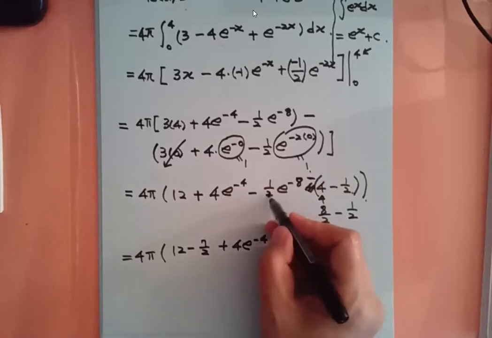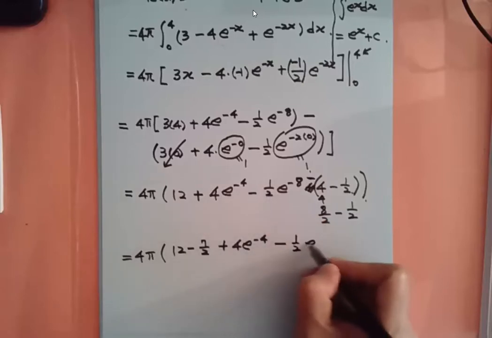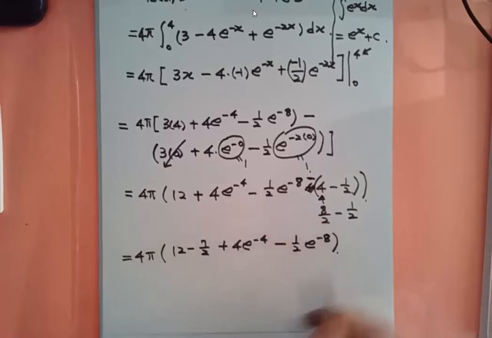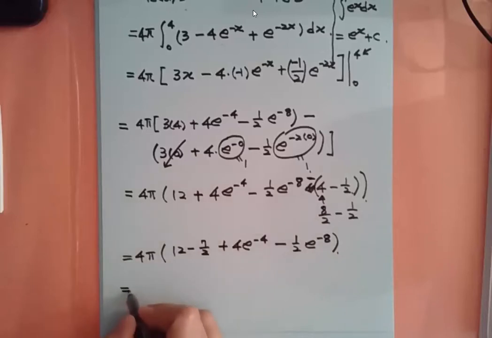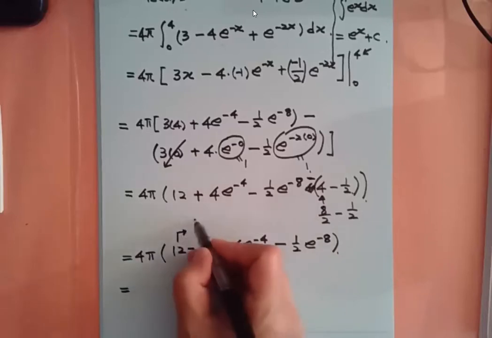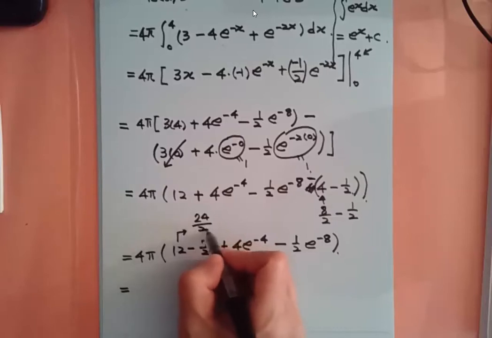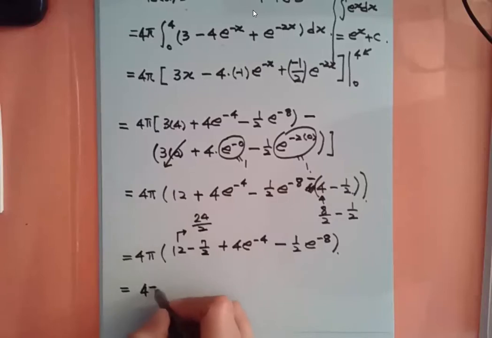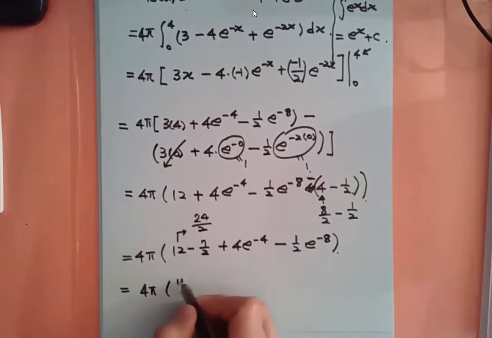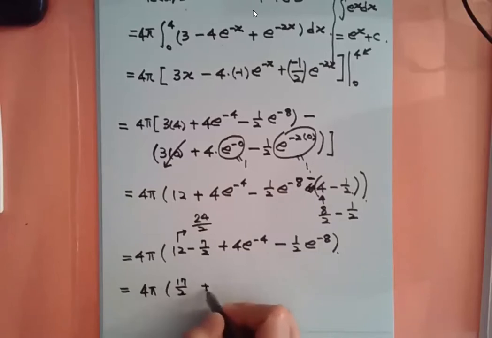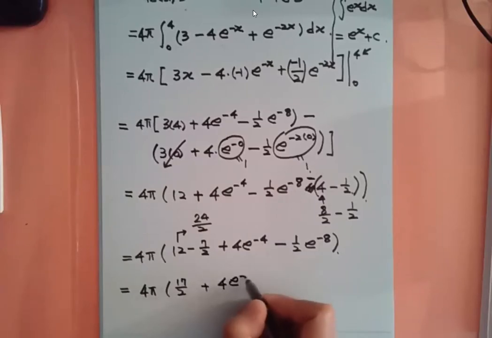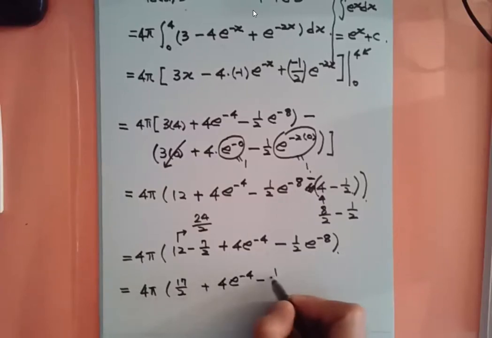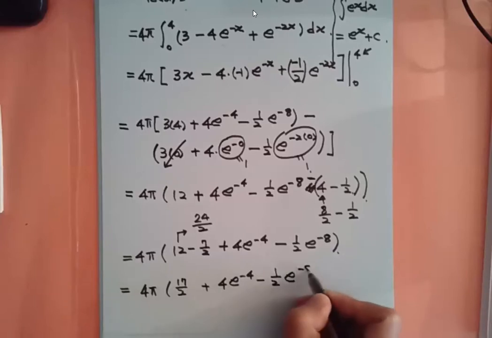So minus 1/2 e to the minus 8. So 12 is 24/2. So if we subtract 7, then that is 17. So 4 pi times 17/2 plus 4 times e to the minus 4 minus 1/2 times e to the minus 8.